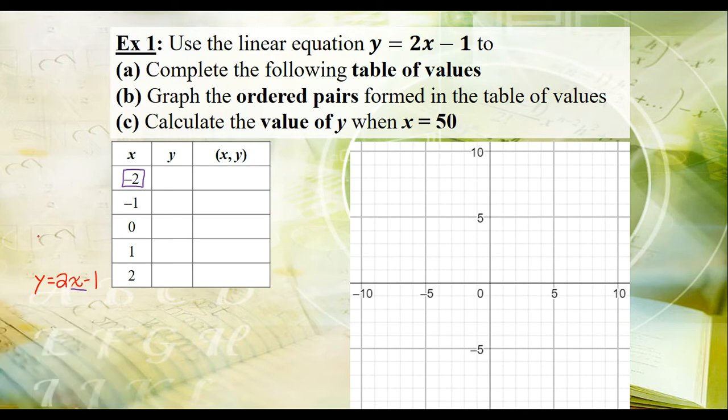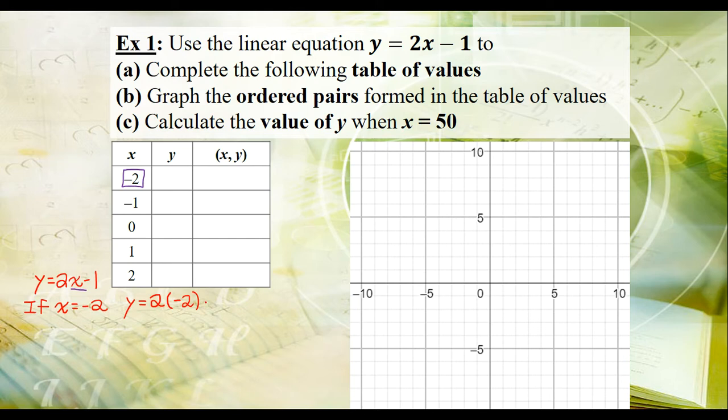If x is equal to -2, and you plug this into the equation, y would be equal to 2 multiplied by, in the place of x, we're going to substitute the value -2 here.